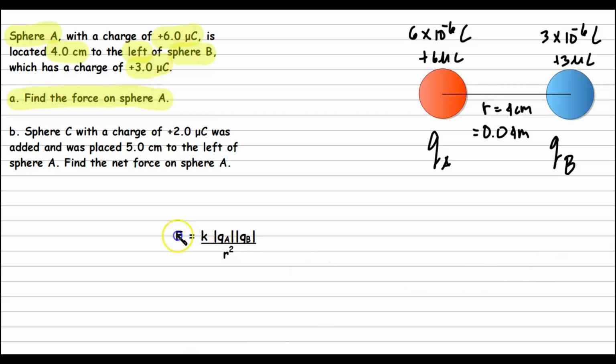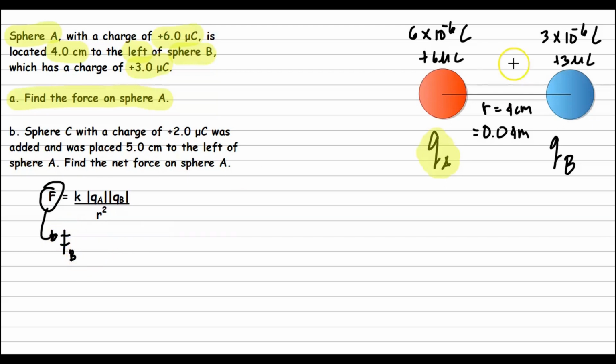And so we bring out our Coulomb's Law here. Since our charge of interest is sphere A as given in the problem, the force that we are looking for is the force of QB on QA.